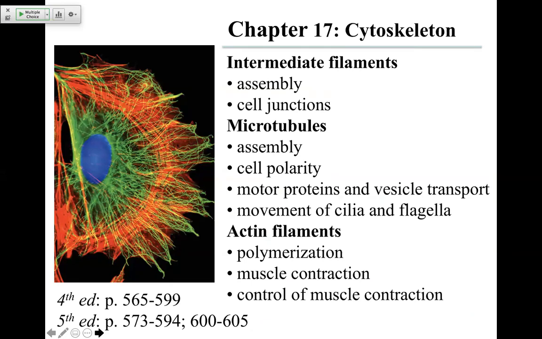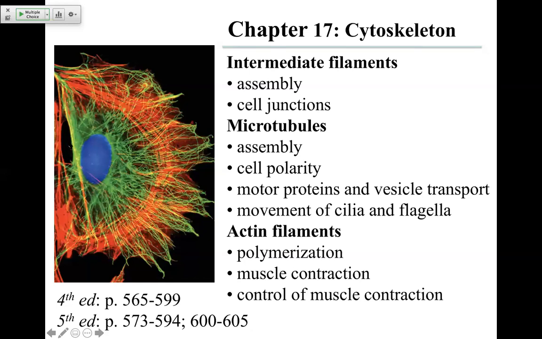In our figure here, we see an animal cell. And of course, cytoskeletal components are present in all eukaryotic cells, but we will be primarily looking at the different components and their roles in animal cells, one of which we see here.